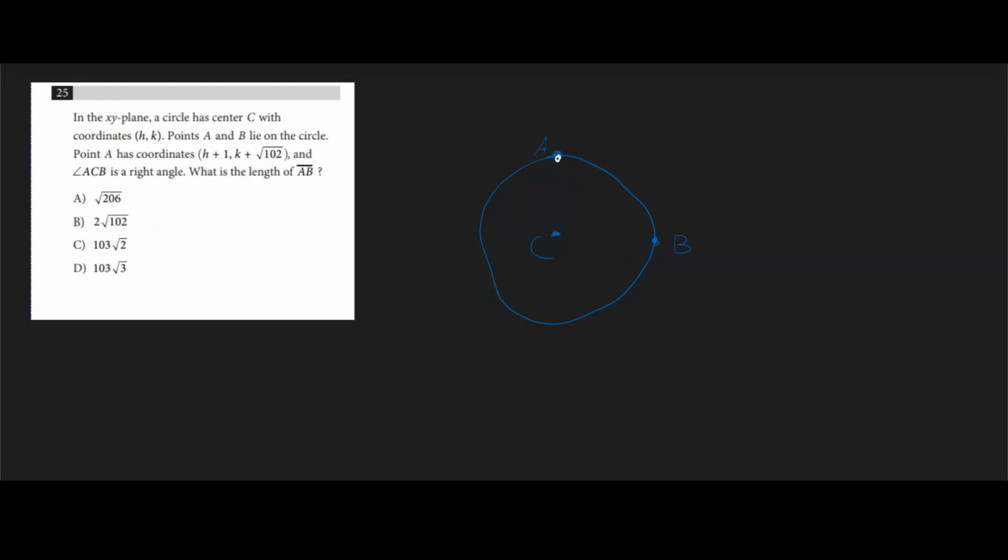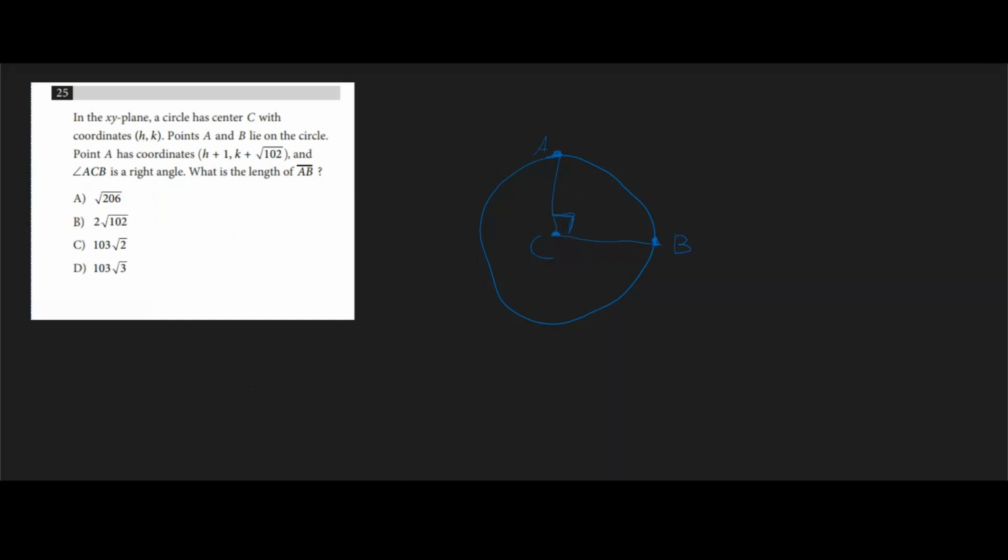They're telling us that the angle formed by A, C, and B is a right angle. Whenever they give you an angle like this, usually the angle is formed in the way that you read it, so ACB means our angle is here.